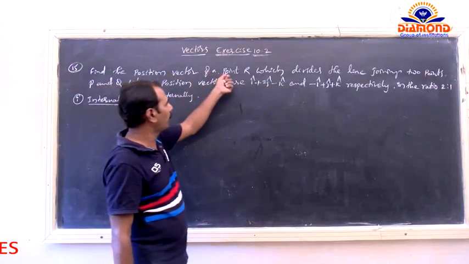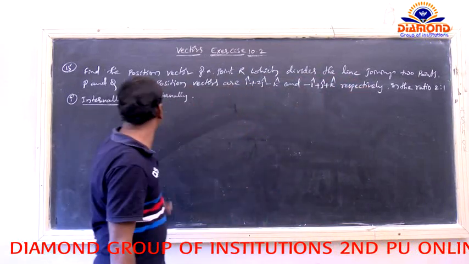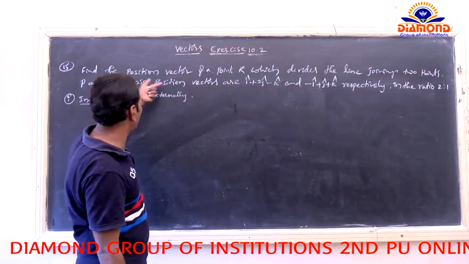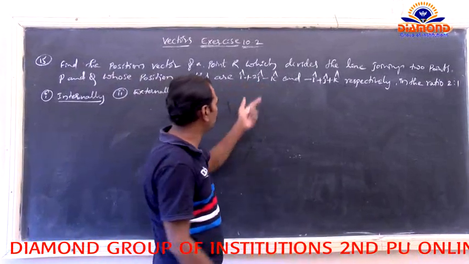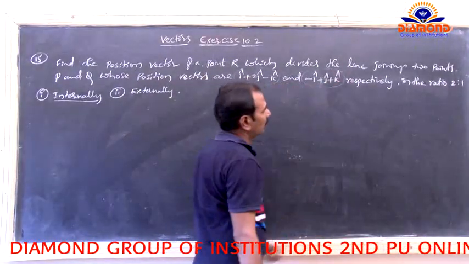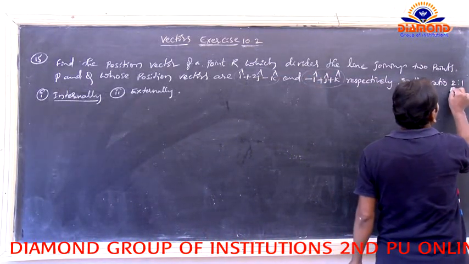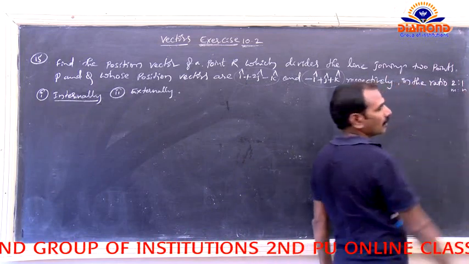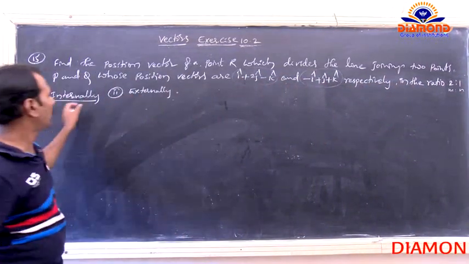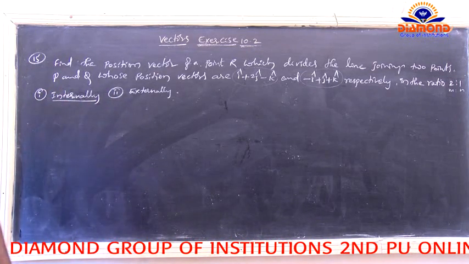The vector of a point R which divides the line joining two points P and Q, whose position vectors are this P vector and this Q vector respectively, in the ratio 2:1. So internally, externally. First of all, we calculate internally.